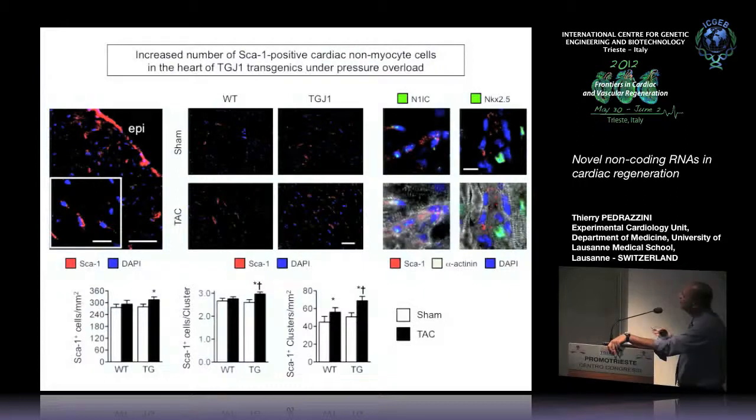Now, importantly, it seems that the SCA1 positive cells receive Notch signals, but these cells are essentially NKX2.5 negative. And if you look at NKX2.5 cells, they are SCA1 negative. So it seems that you have a conversion between SCA1 positive cells receiving a Notch signal and precursor cells that express NKX2.5, consistent with the finding we have found in stem cells in vitro.